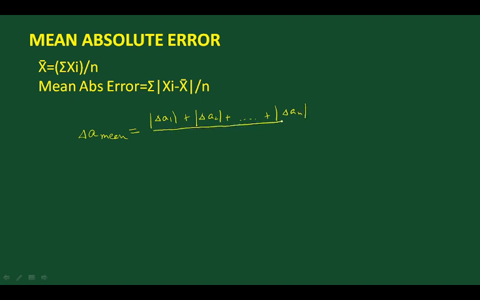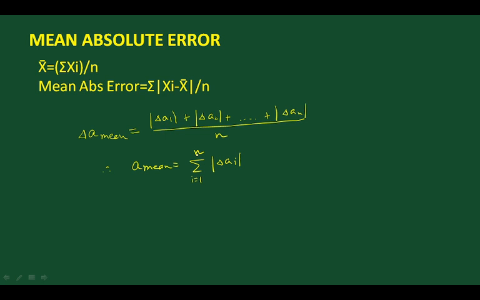That is, del A mean is equal to the summation of modulus of del Ai, where i varies from 1 to n, divided by n. So we get this value like this, right?